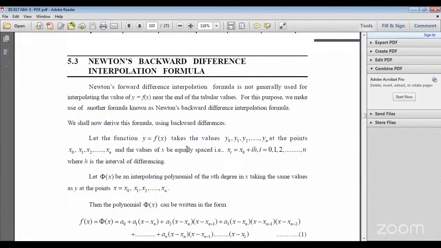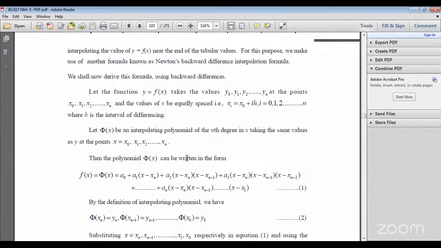In the Newton backward difference interpolation formula, we know that Newton forward difference interpolation formula is not generally used for interpolating the values near the end of the table. For this purpose, we use the other formula known as Newton backward difference interpolation formula.